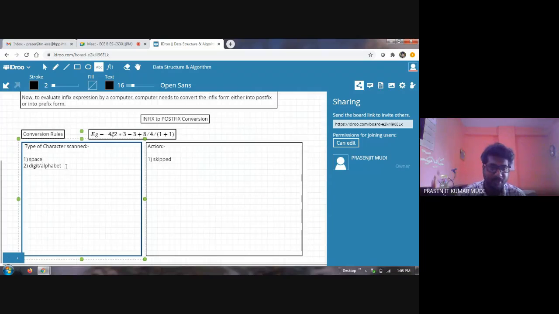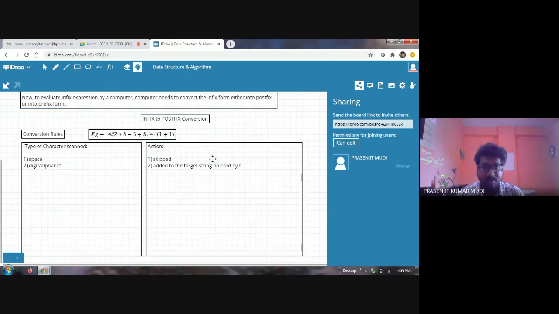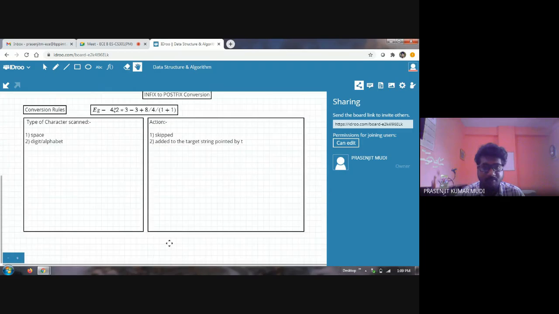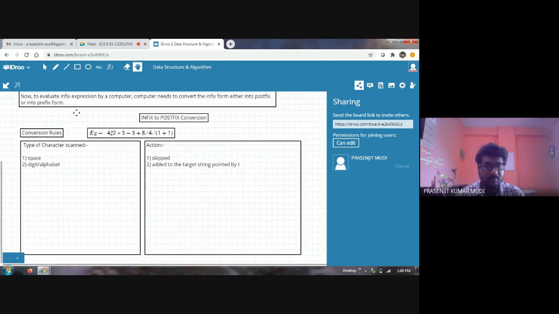So if the character scanned is a digit or alphabet, the action taken is that it is added to the target string pointed by T. So you have to construct a string. For example, let me.